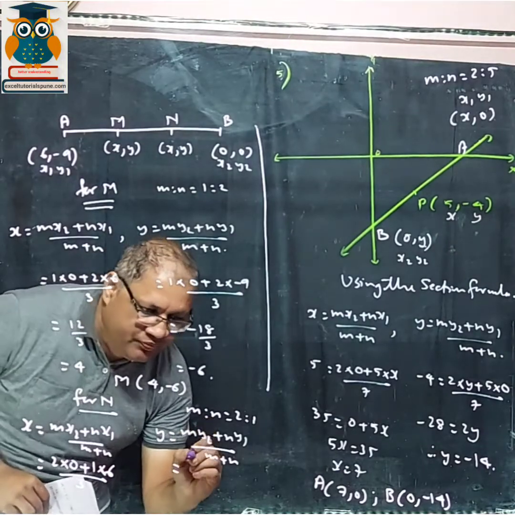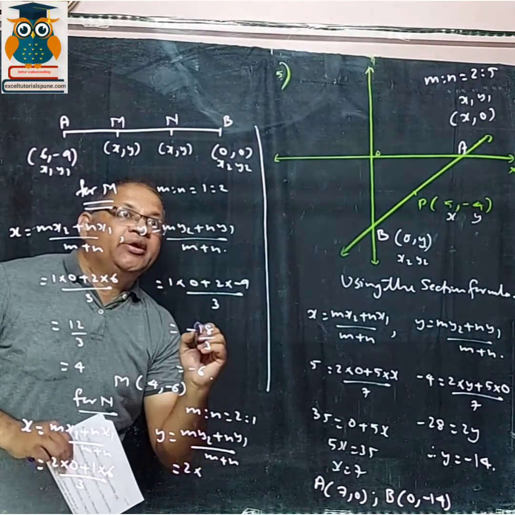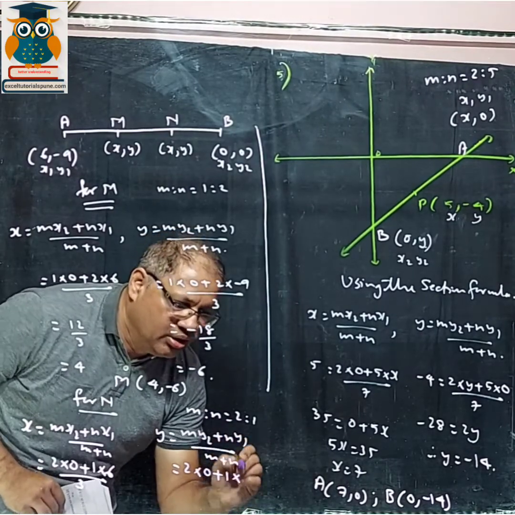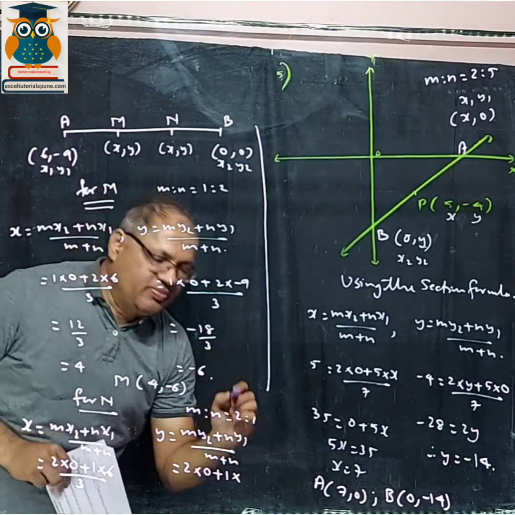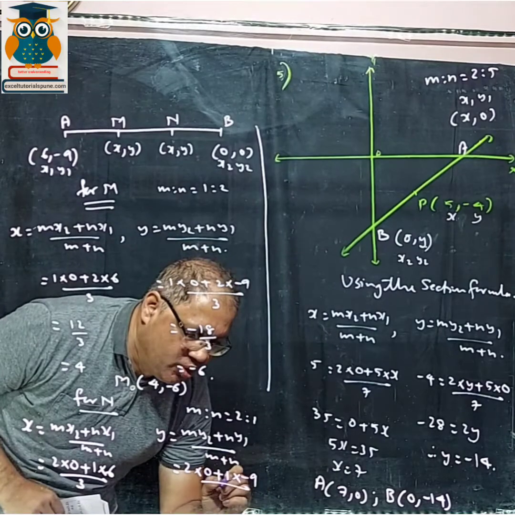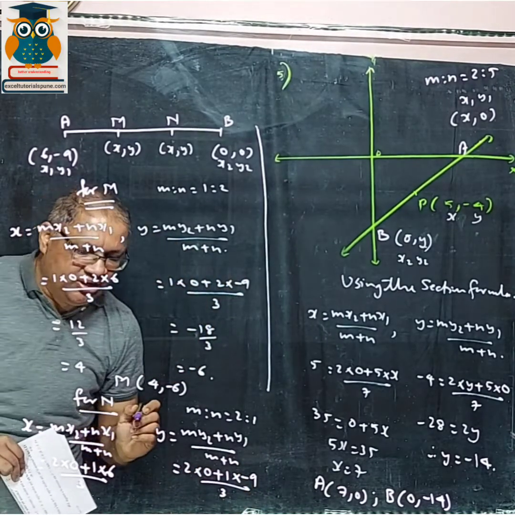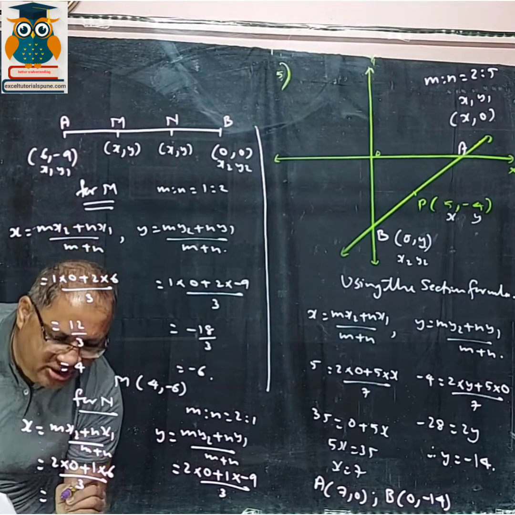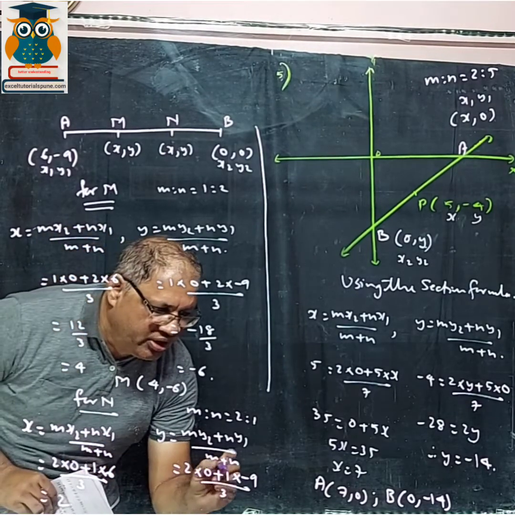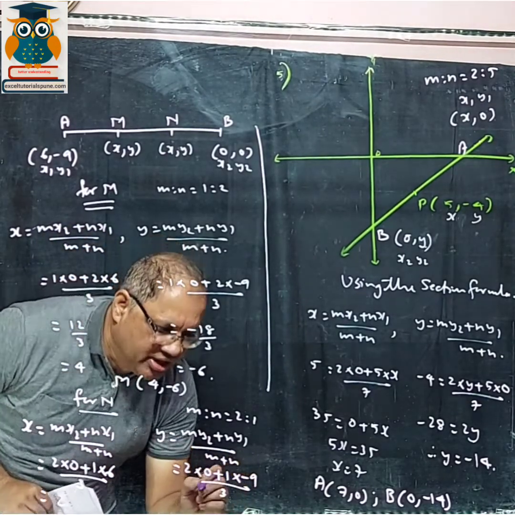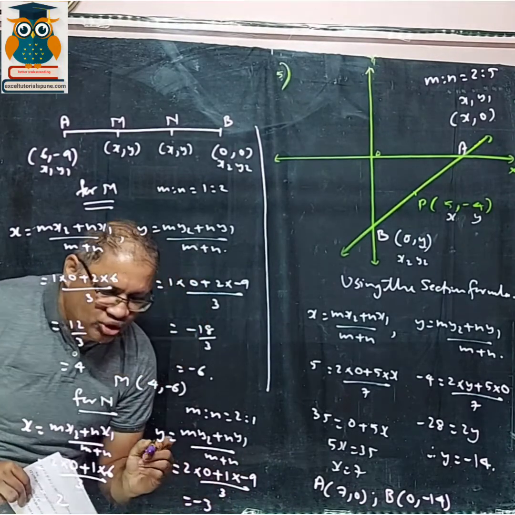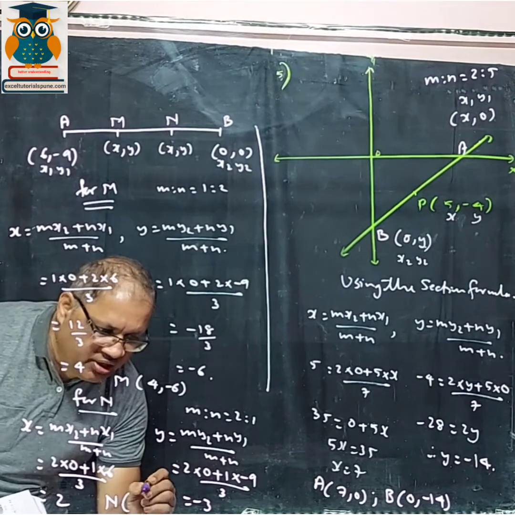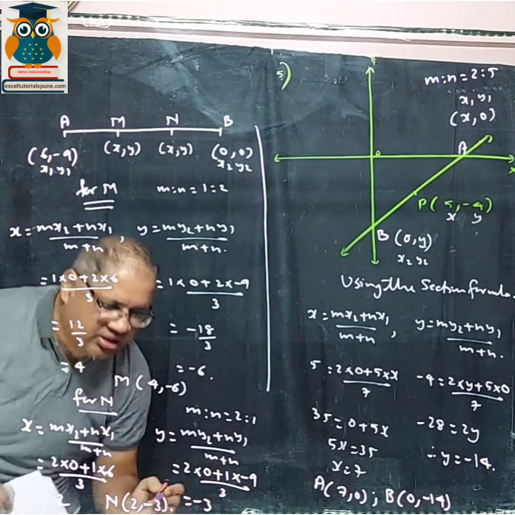And over here 2 into y2 is 0, plus n is 1, into y1 is minus 9 upon m plus n, that is 3. So this will be 2 into 0 is 0, 6 upon 3, that is 2. And over here minus 9 upon 3, that is minus 3. So then the coordinates of n will be 2, minus 3.